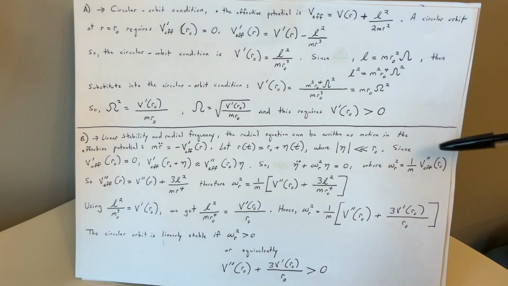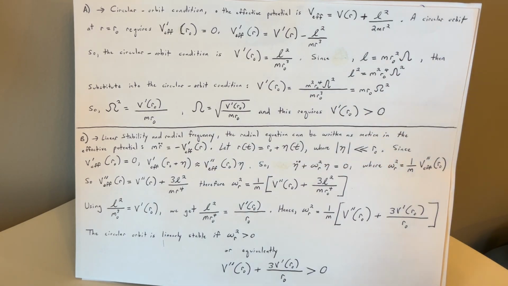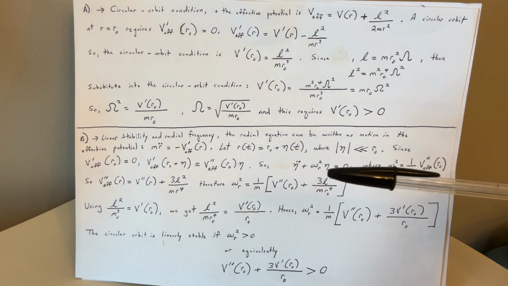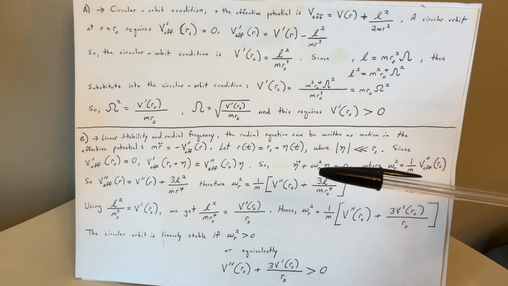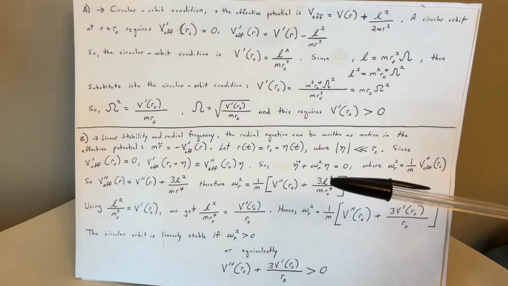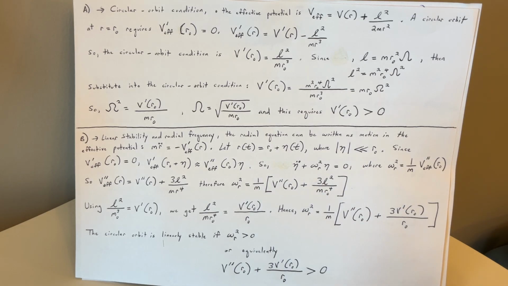And since V_eff prime of r naught equals 0, V_eff prime of r naught plus eta is approximately V_eff double prime of r naught times eta. So eta double dot plus lowercase omega sub r squared eta equals 0.